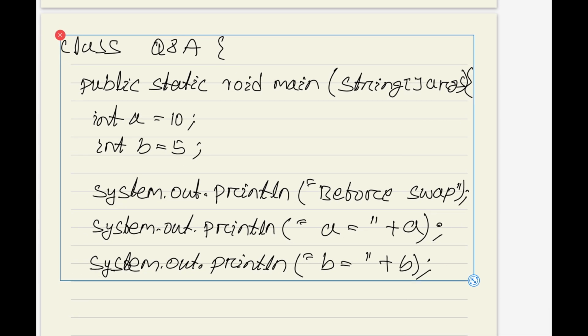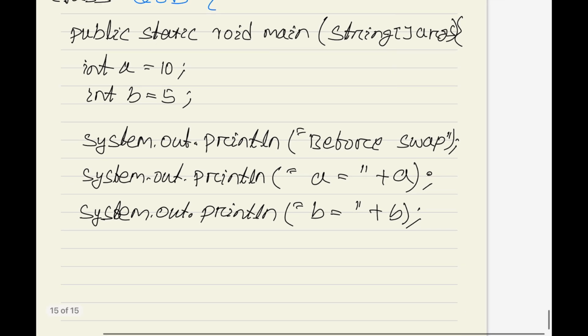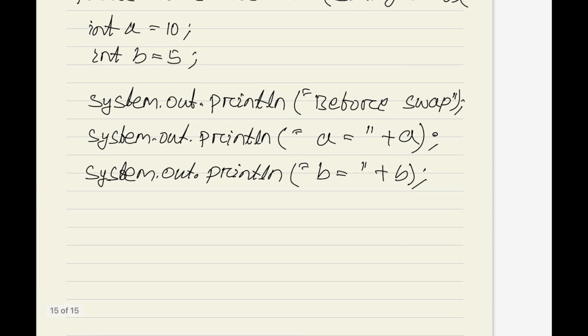So here we can write question 8b. Then A is 10, B is 5. So print the value of A and B. Then simply we can write the previous statements that we have discussed.